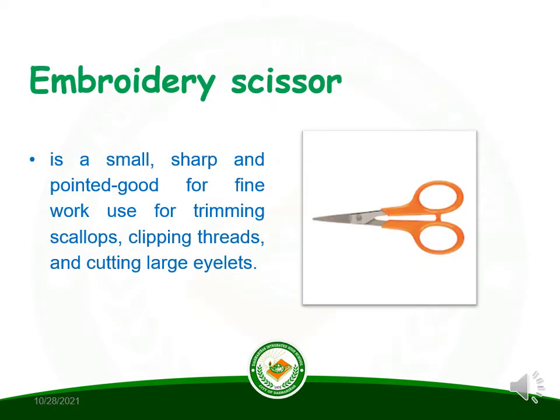Embroidery scissor is small, sharp, and pointed, good for fine work. It is used for trimming scallops, clipping threads, and cutting large eyelets.